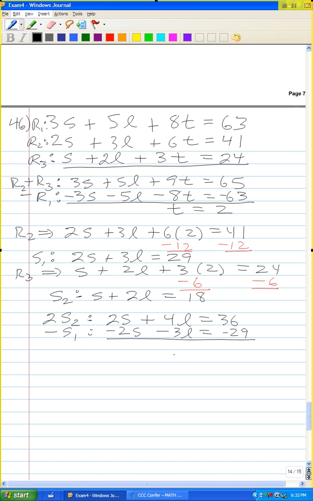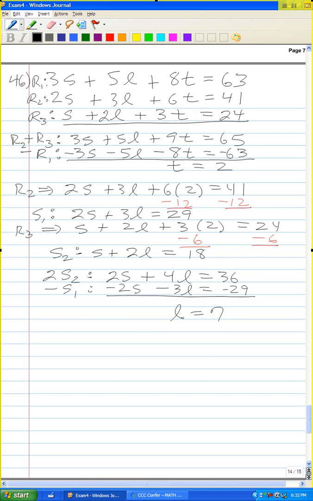And so I get L equals 7. And now let's figure out what S is. Maybe I'll do S2: S plus 2L equals 18. Subtract 14 from both sides. And so S is equal to 4.